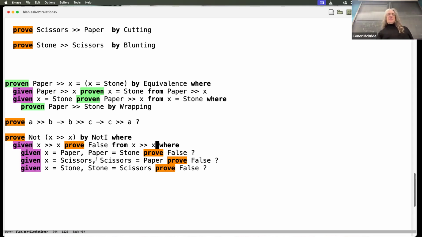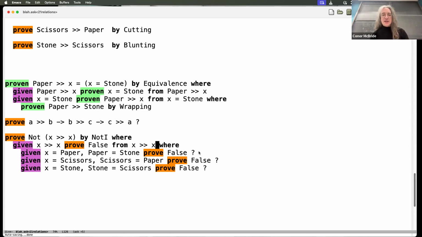What we're saying here is it could have been wrapping, in which case paper is stone. It could have been cutting, in which case scissors is paper. It could have been blunting, in which case stone is scissors.